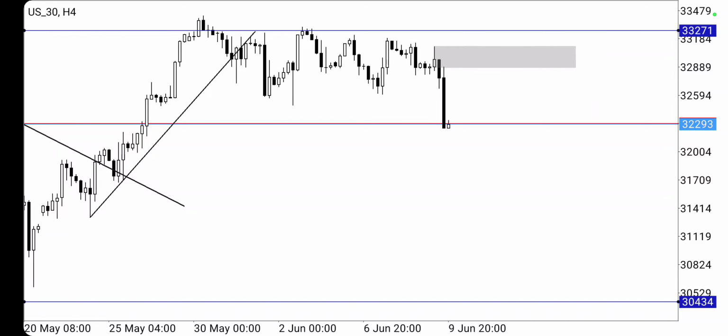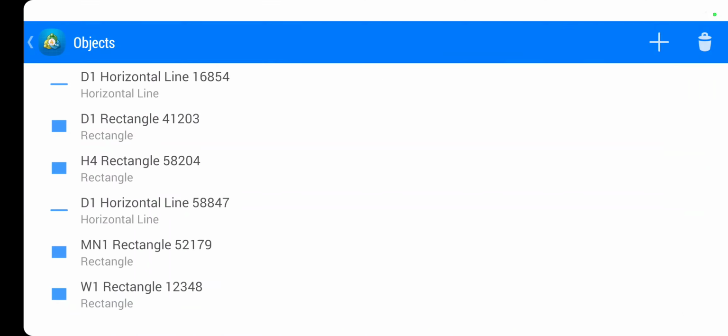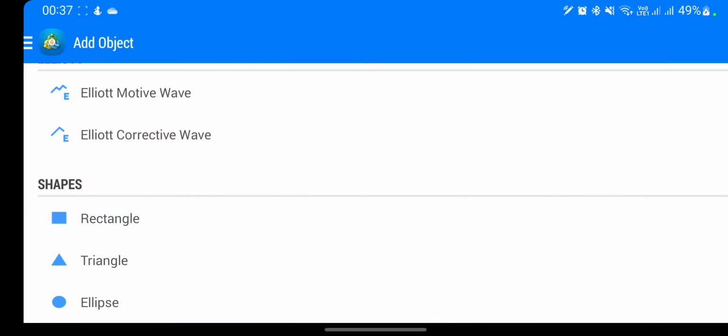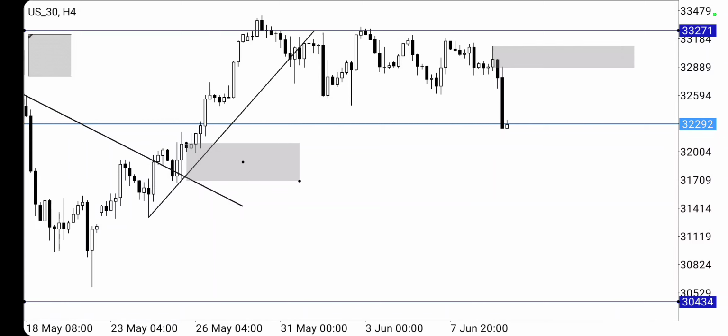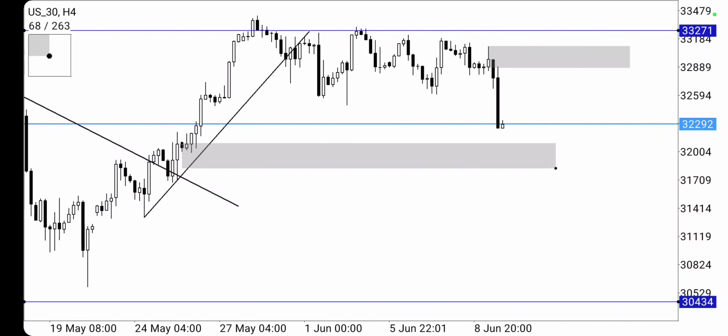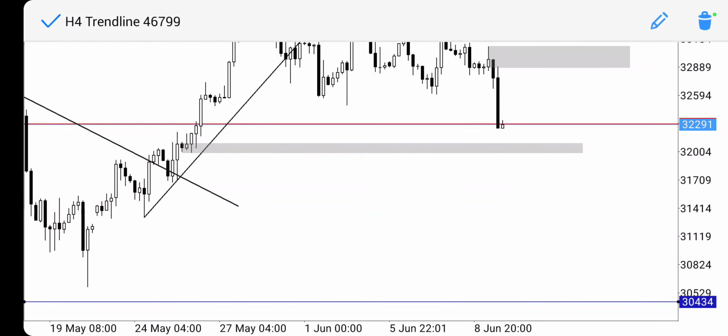Then your chart would look like this, and you just mark the zone below. You don't need to have lots of stuff on your chart. You just need the ones that are going to help you in searching for trades. Things like this, we don't need them anymore, because of what?